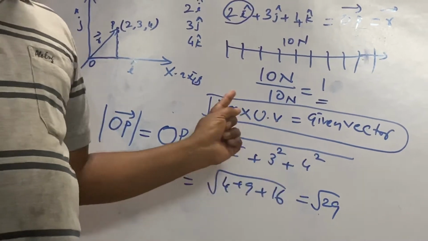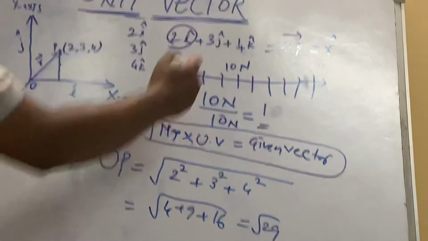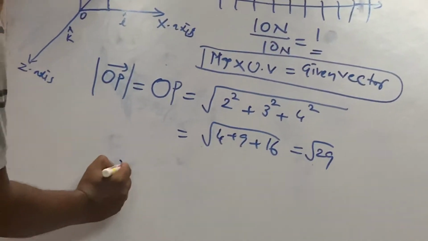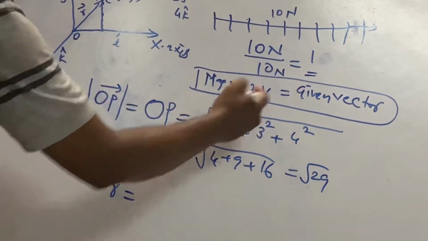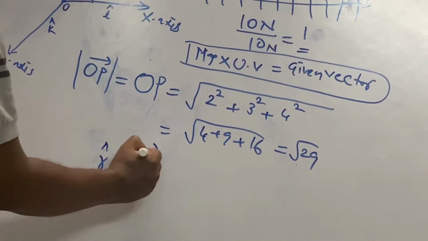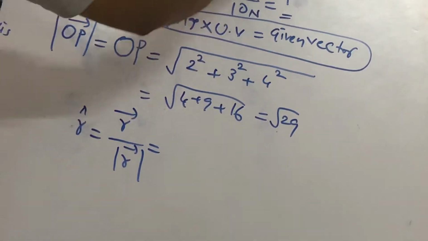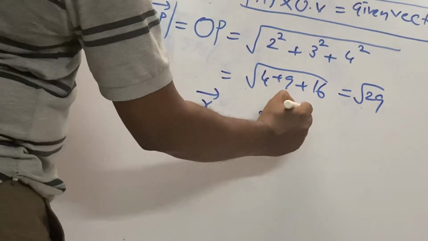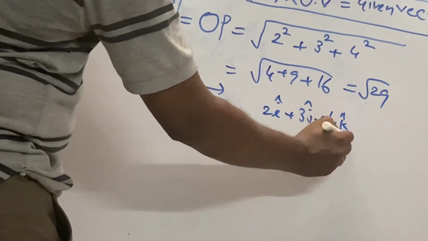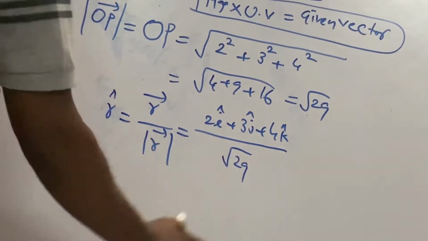Now that we have found the magnitude, the unit vector r cap equals the given vector r bar divided by the magnitude. So it equals 2i plus 3j plus 4k divided by root 29.